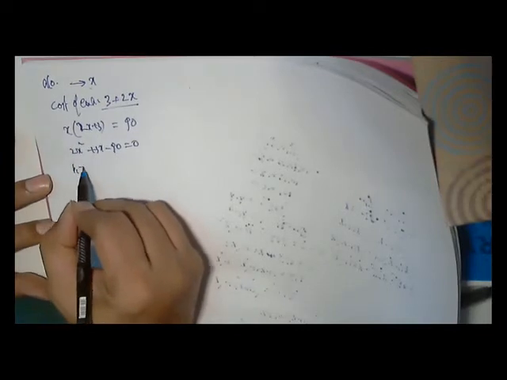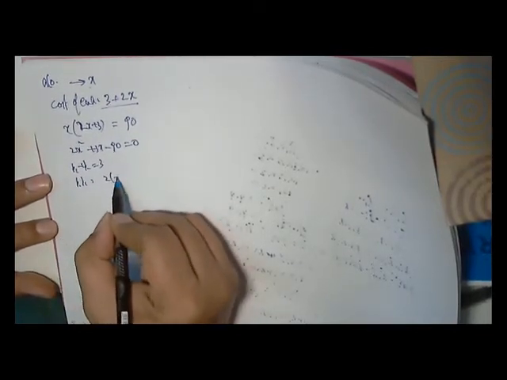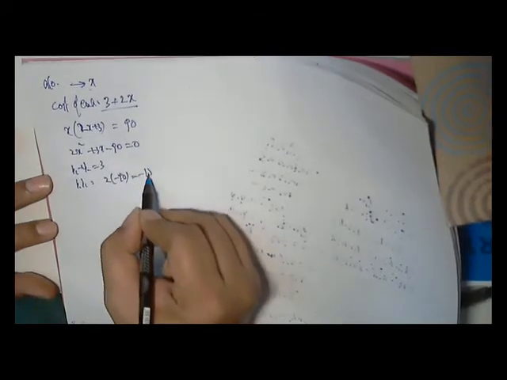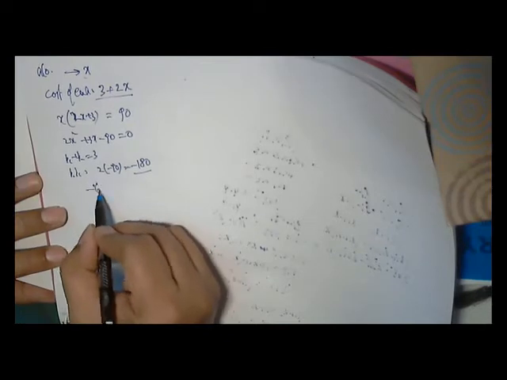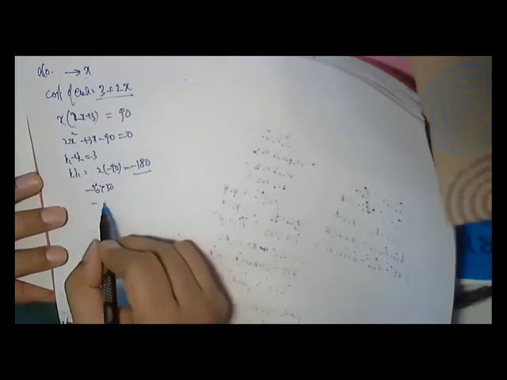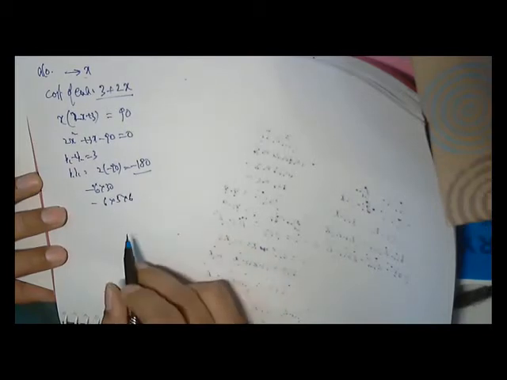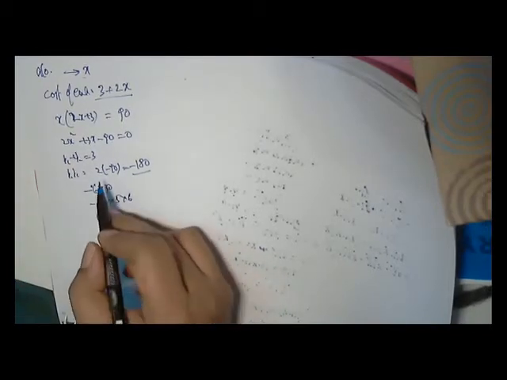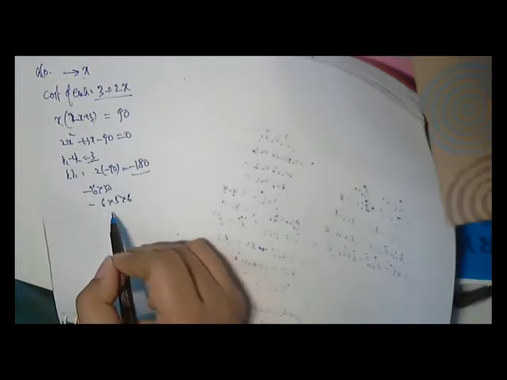So what is b1 plus b2? It is 3. b1 b2 is a into c, 2 into minus 90, that is minus 180. So I am splitting these into factors. Minus 6 into 30, 6 into 5 into 6. So what do I want? b1 plus b2 is 3, I want.